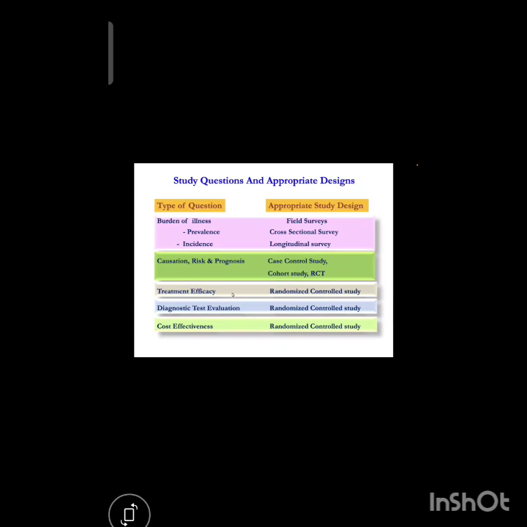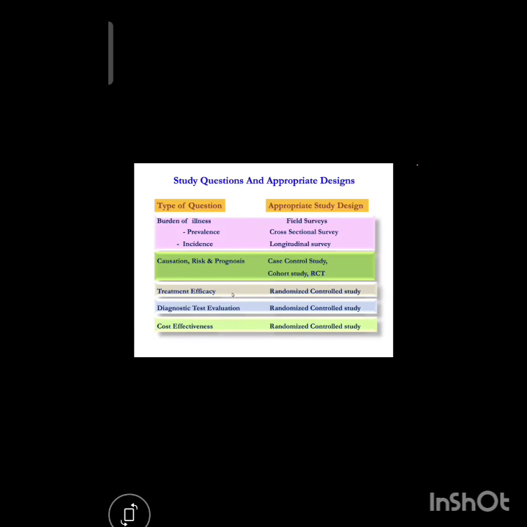If you are looking for treatment efficacy, a diagnostic test, or the cost effectiveness of some proven interventions, RCT remains the study of choice. So this is a very gross thing. You need to identify which study would be the most appropriate for your research question.